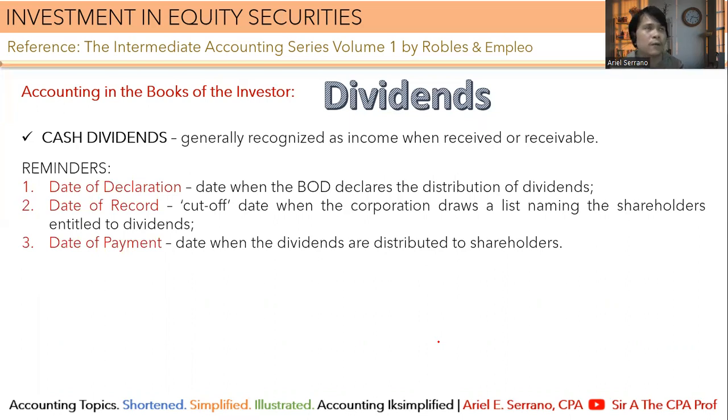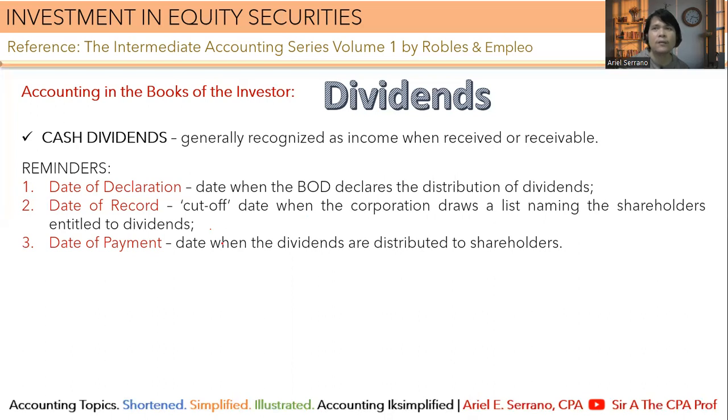Yun nga lang, normally dito sa mga dividend declaration, meron tayong cut-off period na pag umabot ka dito sa period na ito, you will be entitled to dividend. So that is your cut-off date, yung date of record. When the corporation draws a list naming the shareholders entitled to dividend.